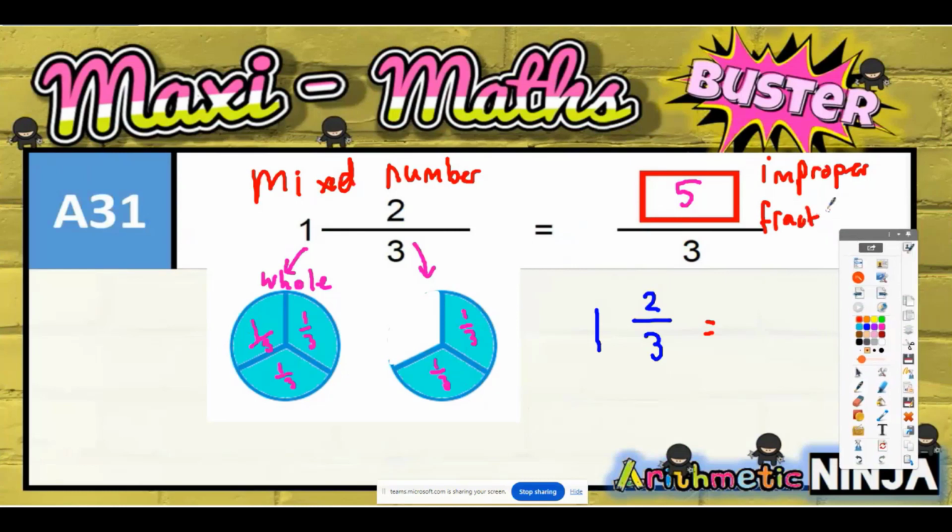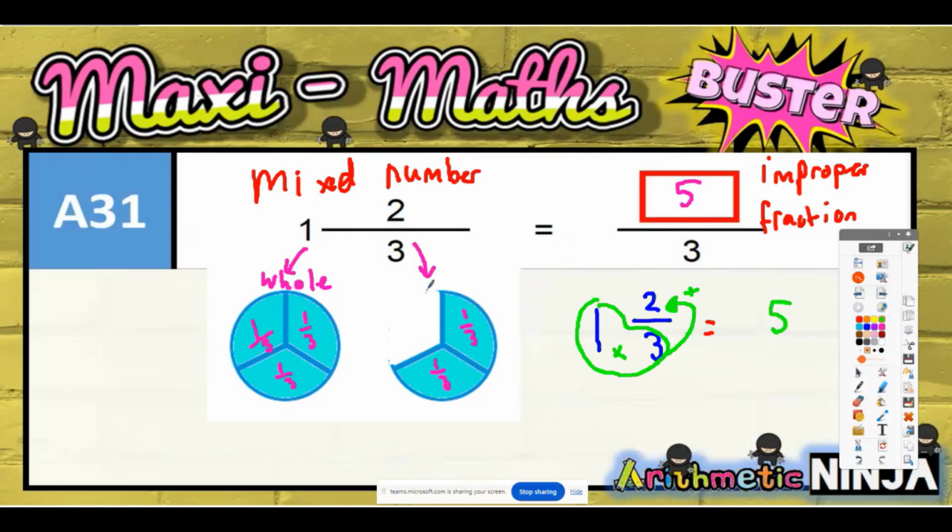So to turn a mixed number into an improper fraction, what you basically do is you multiply the whole number by the denominator. So one whole 1 with 3/3 is 1 lot of 3, which is 3, and then you add on the extra bit that you've got. So 1 lot of 3 is 3, plus the extra bit is 5.